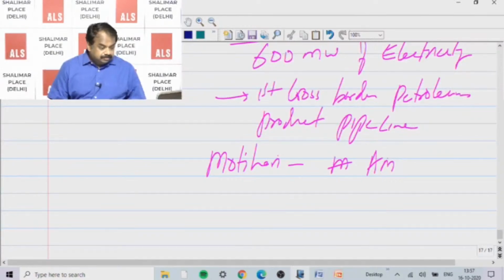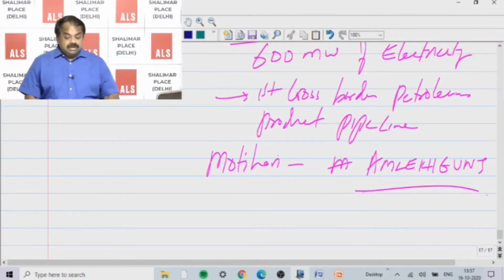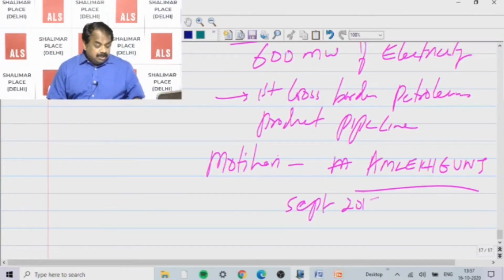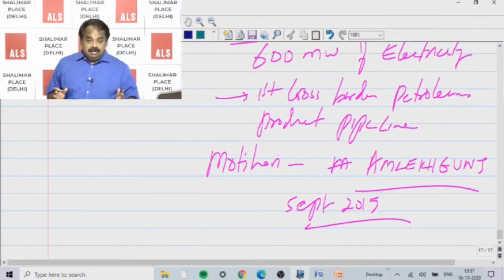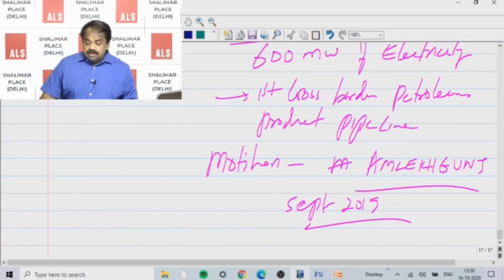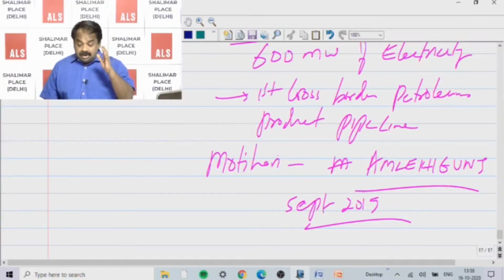That was inaugurated by both the Prime Ministers in September 2019. Please remember the oil blockade, when the trucks were blocked. Had this pipeline been there at that time, this blockade would not have happened. And also, we are starting a strategic rail line from Raxaul to Kathmandu.